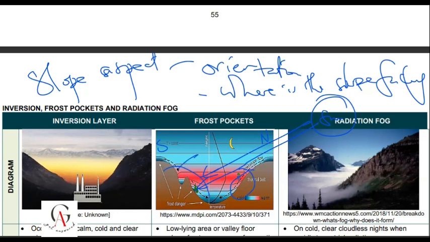This is what we call the zone of incidence. And this is what we call the shadow zone. The shadow zone is always in shadow and does not receive insolation because it's facing away from the sun. The zone of incidence is the one which is receiving insolation, facing towards the direction of the sun.